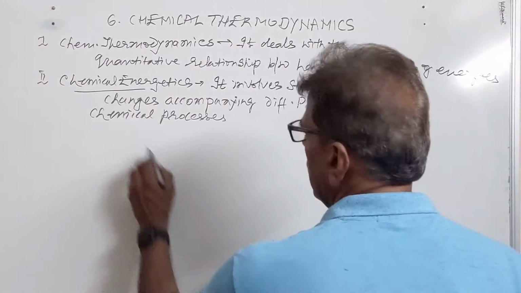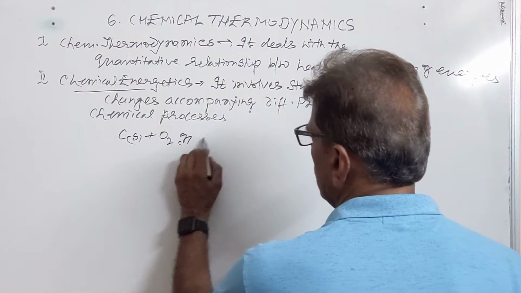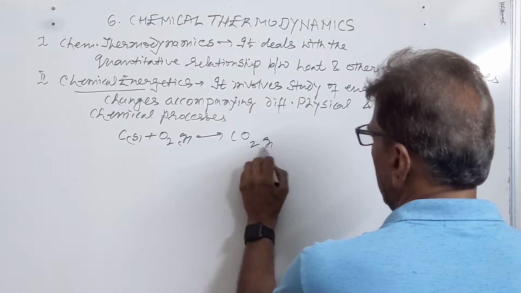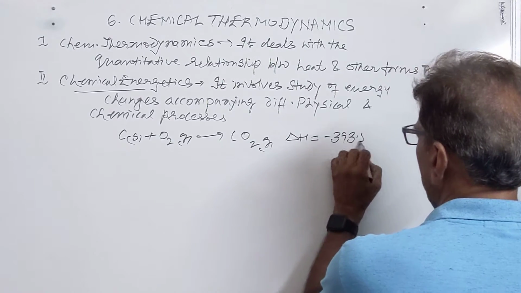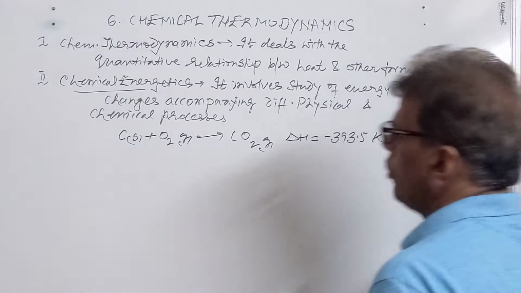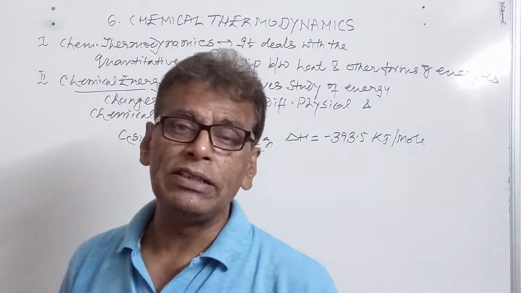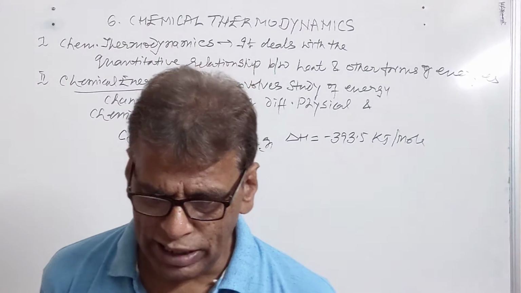For example, 1 mole of solid carbon is oxidized with oxygen to produce CO2 gas. Delta H here is minus 393.5 kilojoule per mole. So this enthalpy change has been studied. This all comes under the chemical energetics.